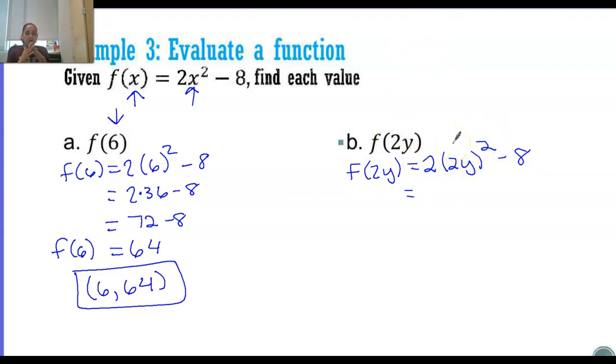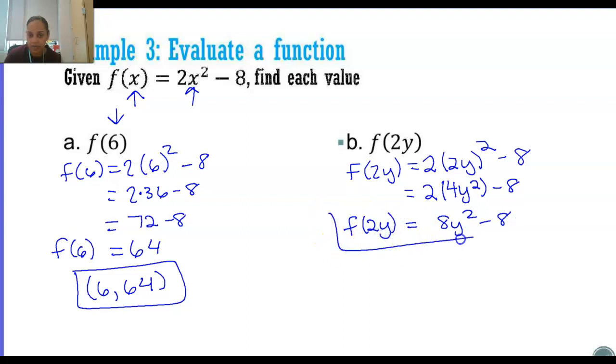One thing you have to remember is one of the rules of exponents tells me that if I have these two terms in here, I have a 2 and a y, both of them get raised to the squared power. So this would be 2 squared, which is 4, and then y squared, which is just y squared. Now I'm going to go ahead and multiply by 2. So this would be 8y squared minus 8. And there's nothing else I can do with that. I can't combine any like terms because there are no like terms. So this would be my answer.